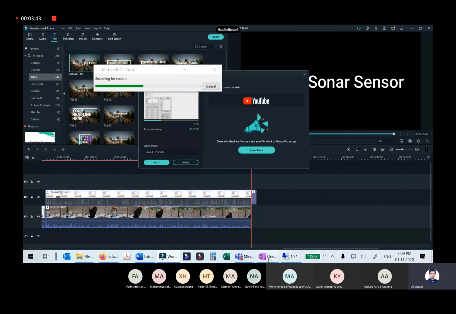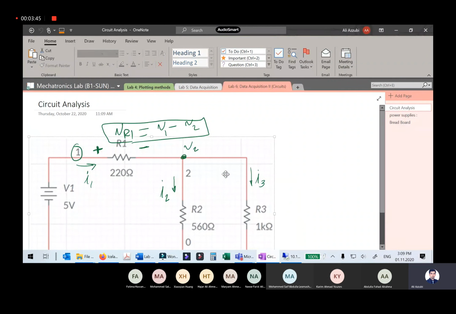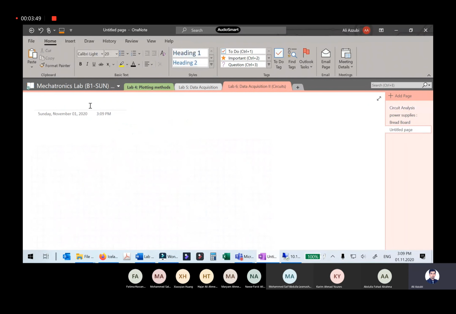Still rendering. Let's go back here and add a new page. We'll call it equivalent resistance like this.